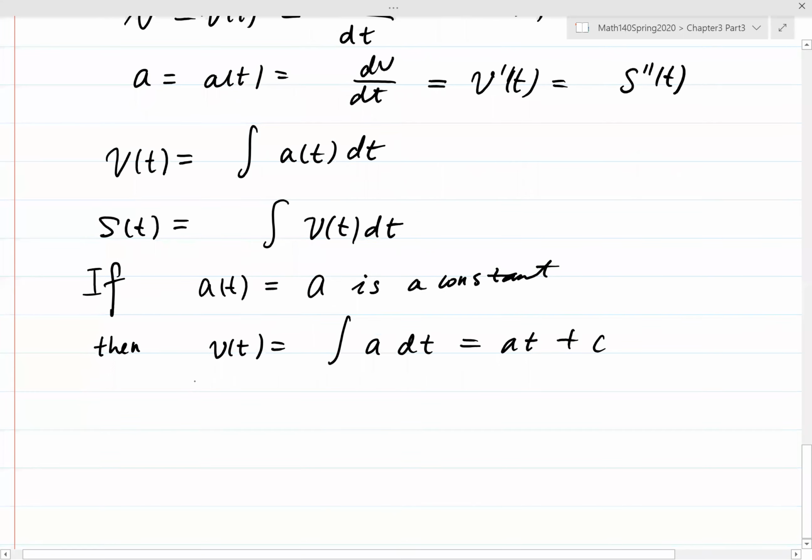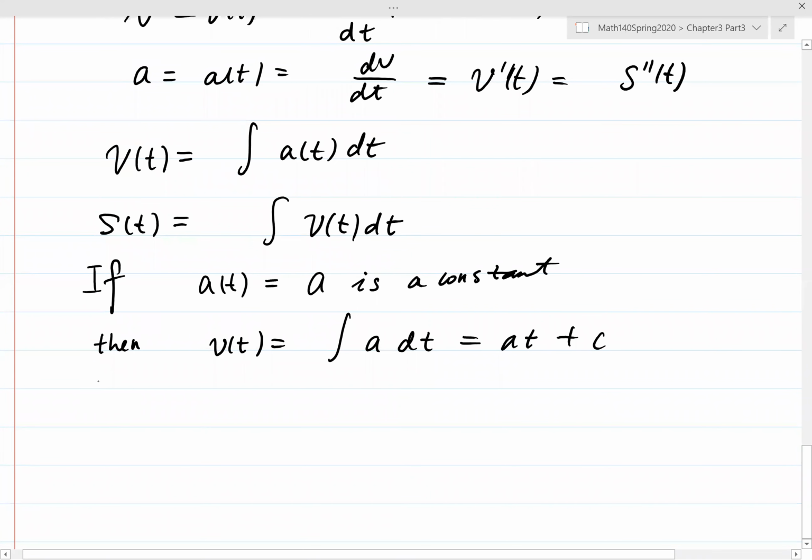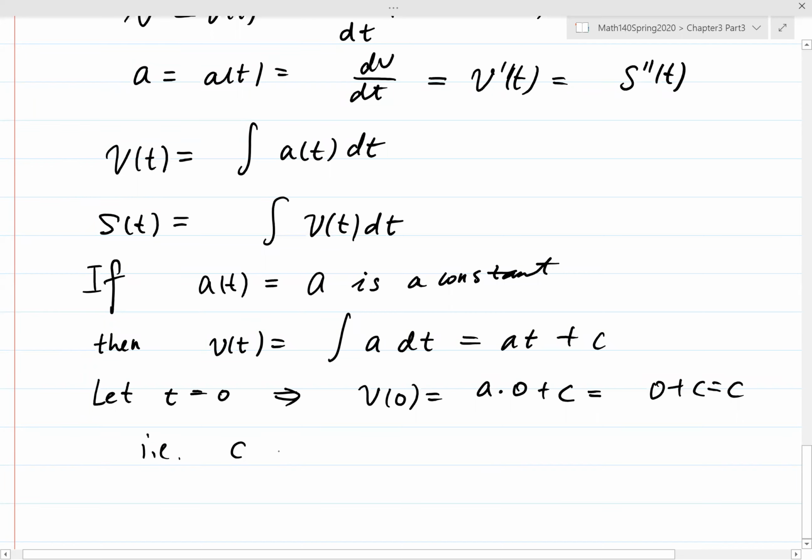Now, if we let t be 0, then we get v of 0 equals a times 0 plus c. A times 0 gives us 0, so this is 0 plus c, which is c. The physical meaning of this c is the initial velocity.